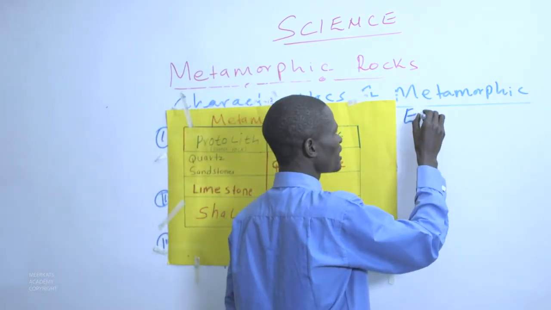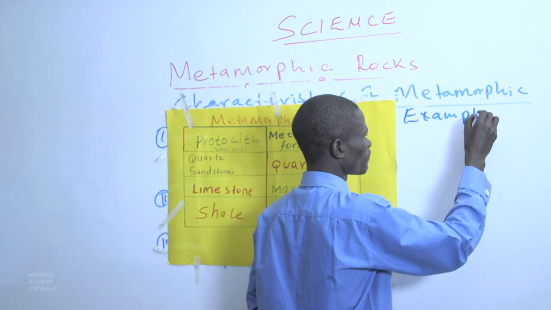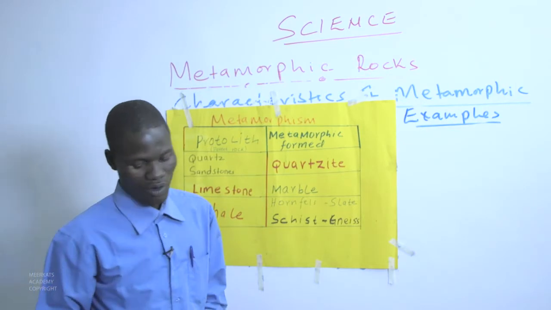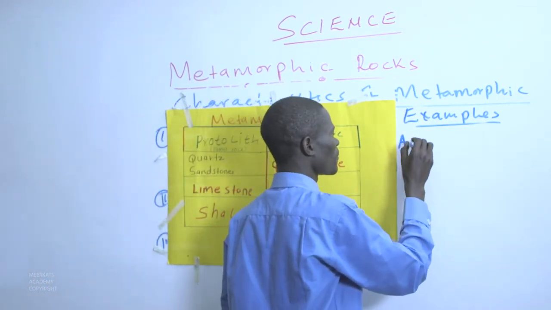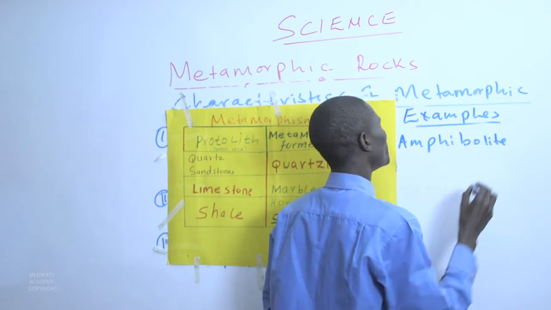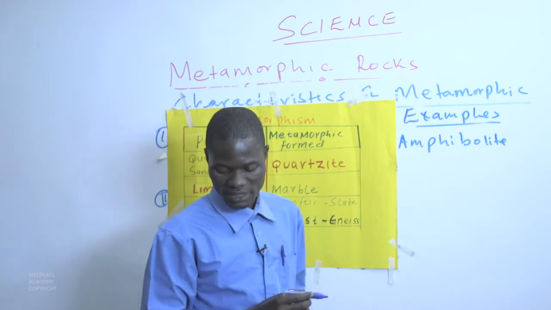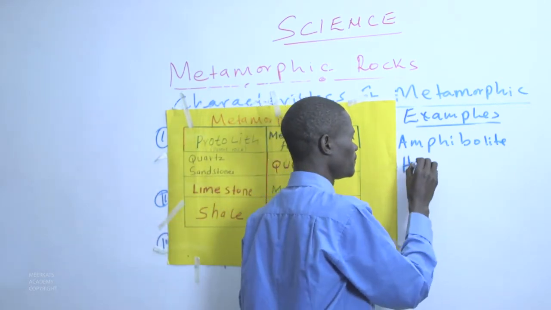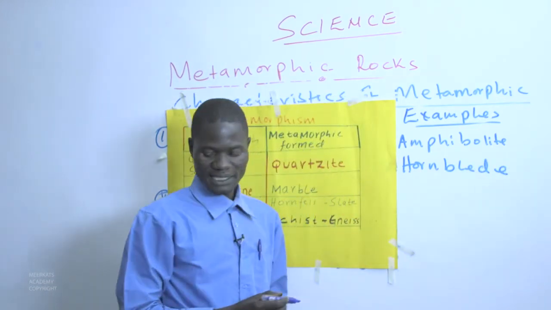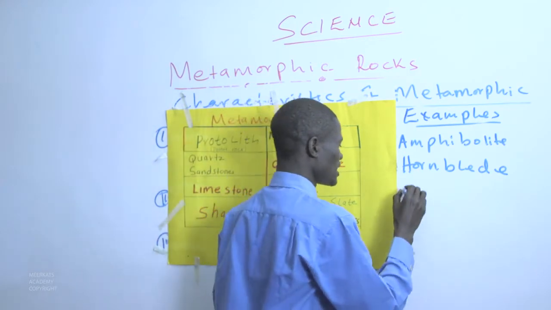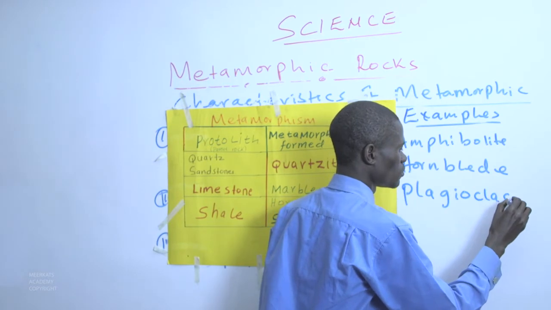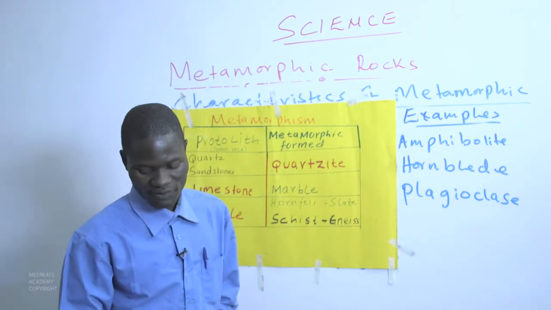Generally, as we wind up this part of the metamorphic rock, we'll be able to look at various examples of very numerous rocks that we can find in the category of the metamorphic rock. We have amphibolite. Then we also have hornblende. Another example is plagioclase. And then we also have quartzite.